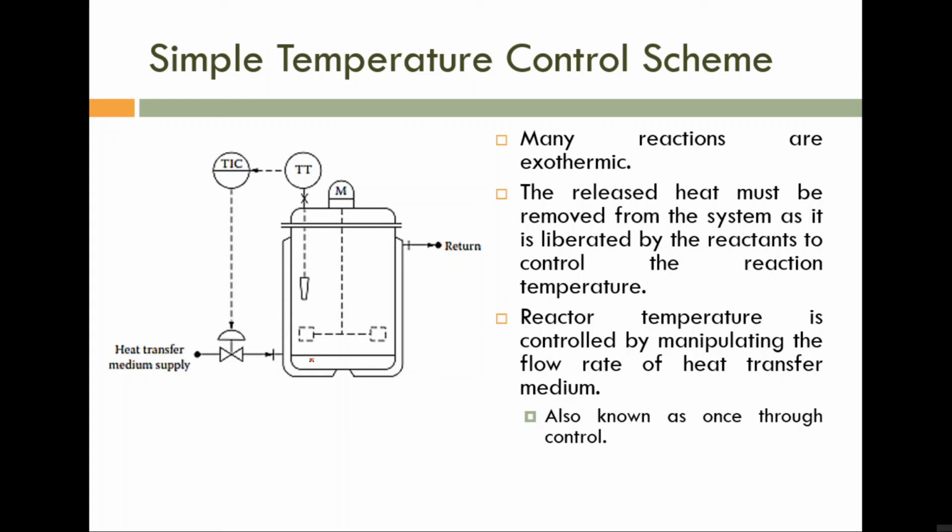The Reynolds number will decrease if the flow rate is small, and if the Reynolds number is small, the heat transaction will be ineffective. So for effective heat transaction, we have to maintain the Reynolds number above a particular point. So we have to maintain a large flow rate.